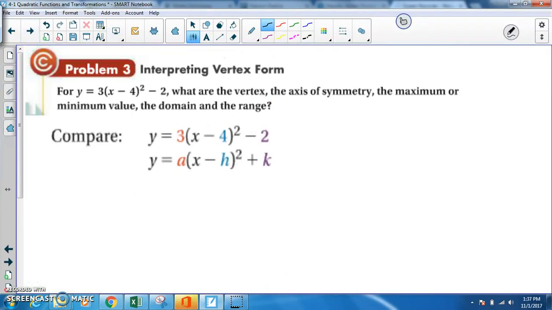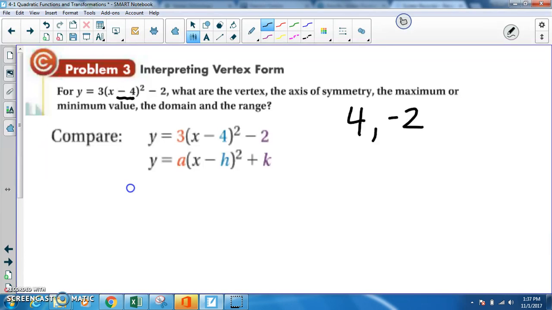So for y is equal to 3 times x minus 4 squared minus 2, we need to find the vertex, axis of symmetry, the maximum or minimum value, and the domain and the range. So first, vertex. Vertex is opposite of the inside, and the outside. Opposite of the inside is 4.